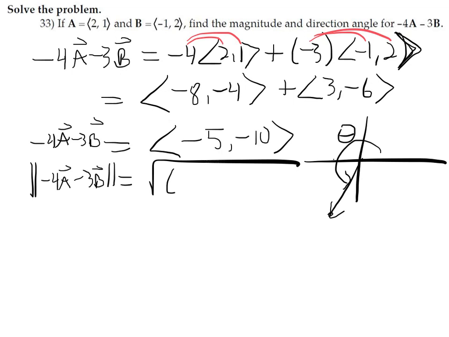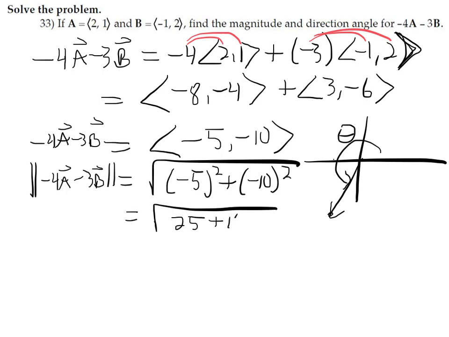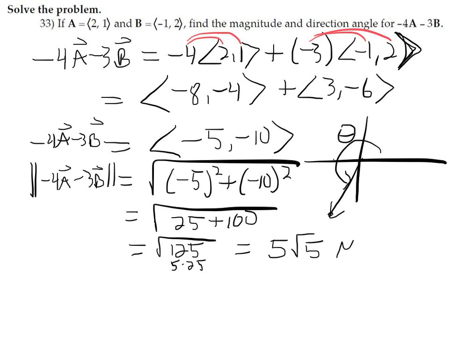So that would be the square root of negative 5 squared plus negative 10 squared. That gives us 25 plus 100, so that is the square root of 125. And 125 is 5 times 25. We can take the square root of the 25, and we end up with the magnitude as 5 square root 5.